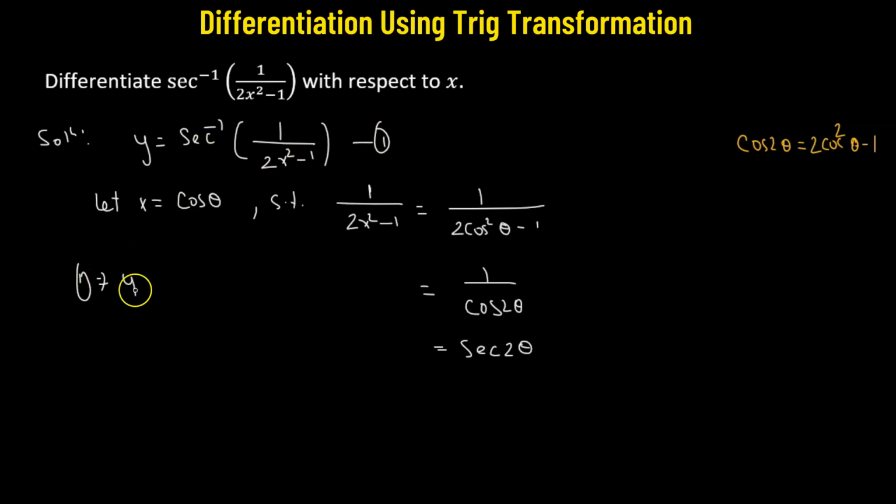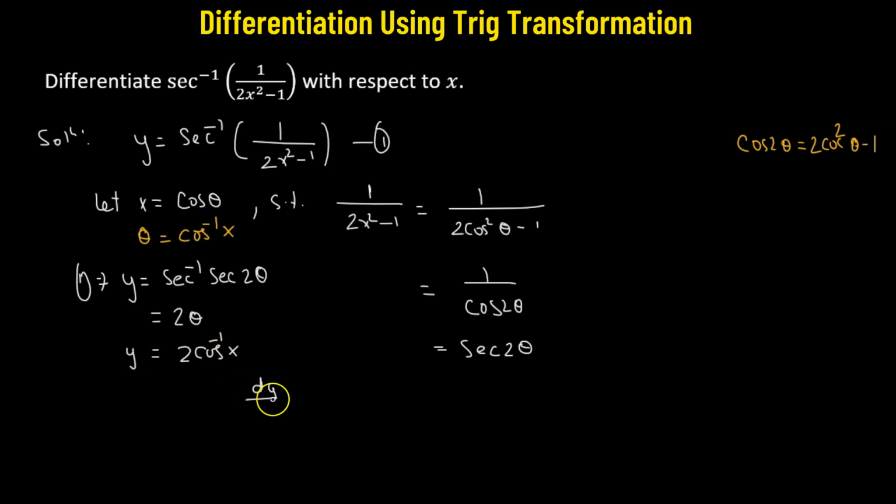such that equation number 1 will become y equals secant inverse of secant of 2 theta, or simply 2 theta. Now, since we took x to be equal to cosine of theta, that would mean that theta must be equal to cosine inverse of x. Or we can simply say that y will be 2 times cosine inverse of x. Now, we finally take the derivative on both sides with respect to x.